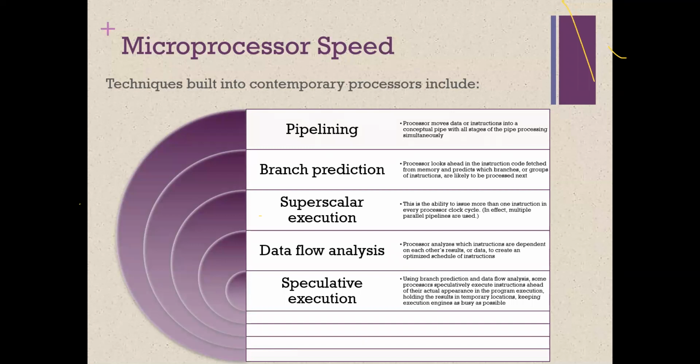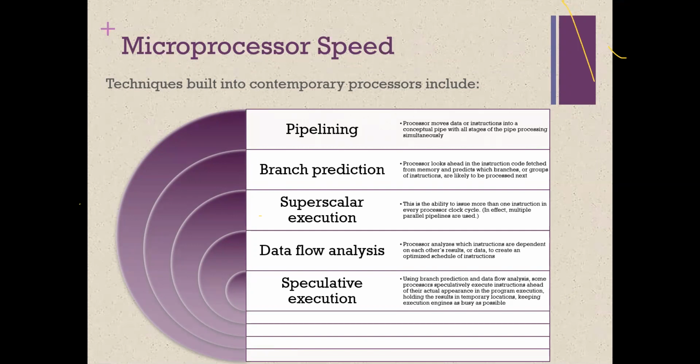Then last but not the least, we have speculative execution. Speculative execution utilizes branch prediction and data flow analysis algorithms. Like in every computing or technology endeavor, there are always advantages, pros and cons to every algorithm or every technique or mechanism.